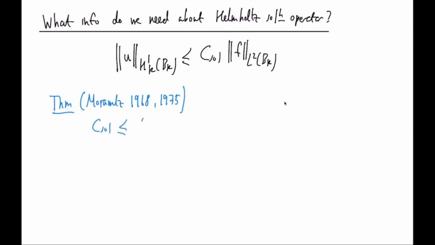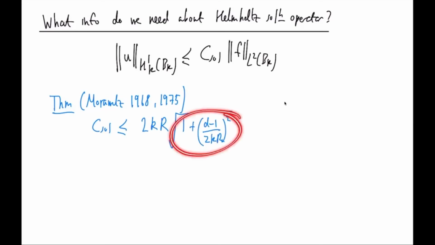In this setting, her argument shows there's a nice explicit bound: C_sol is bounded above by 2kR, and then this factor, the square root of (1 plus ((d minus 1) over 2kR) all squared).